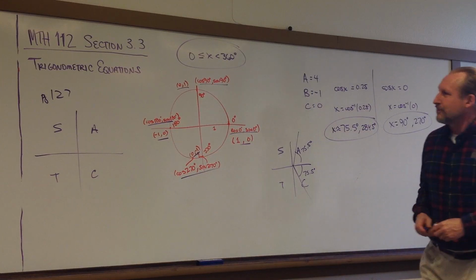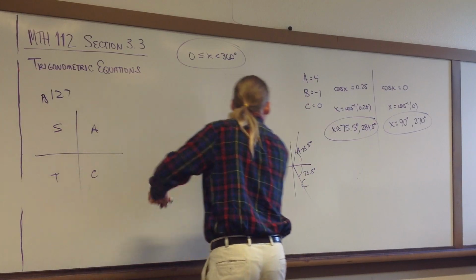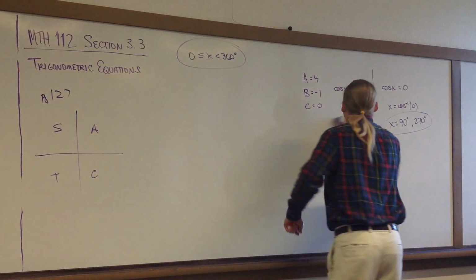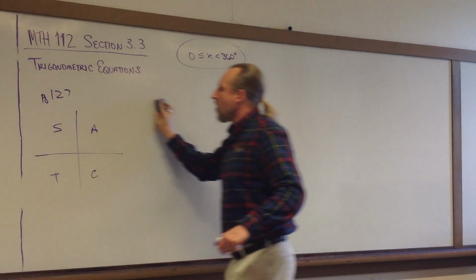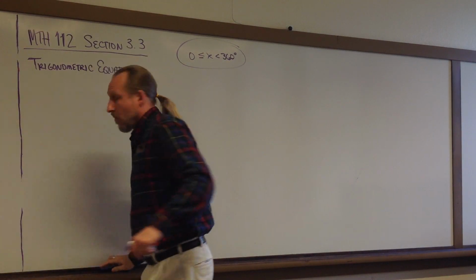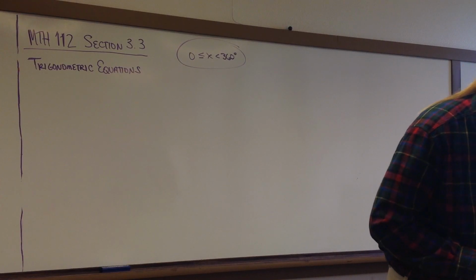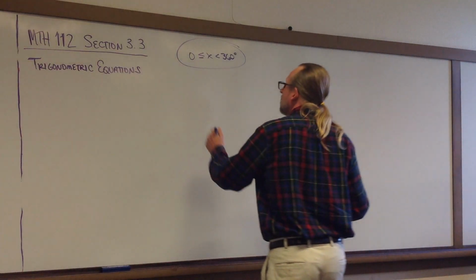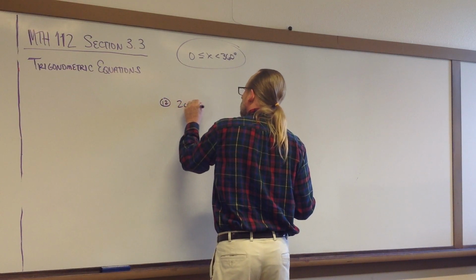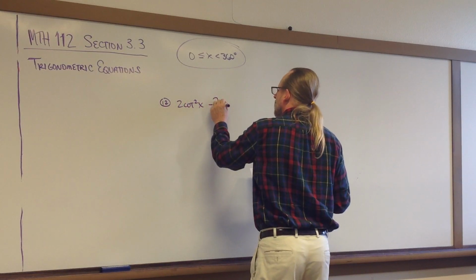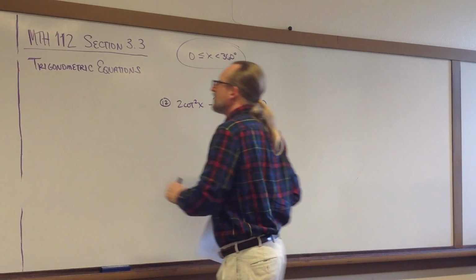All right, let's keep going with these. Okay, let's see here. Problem 12. 2 cotangent squared x minus 7 cotangent x plus 3 equals 0.